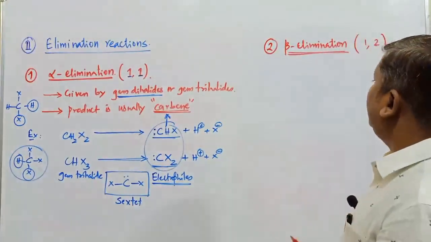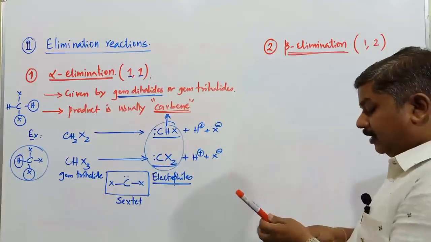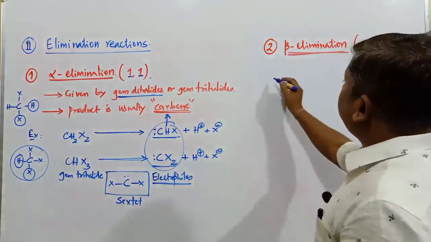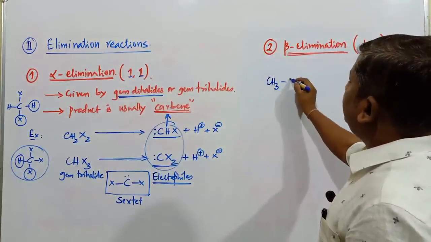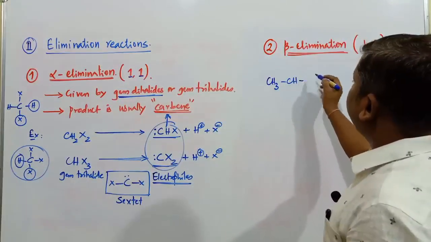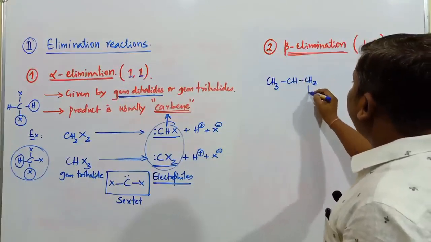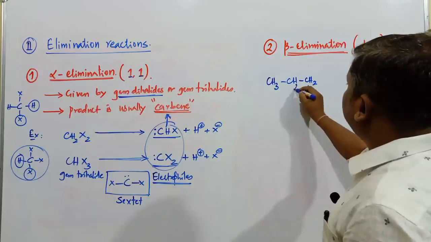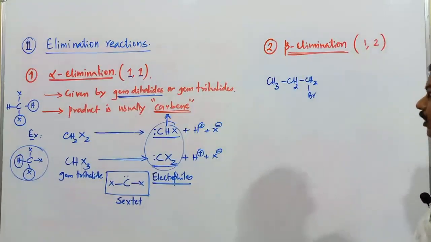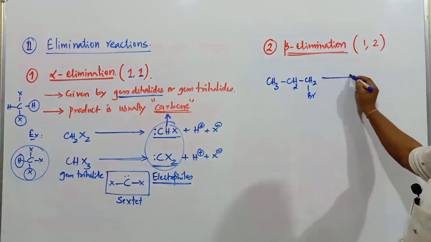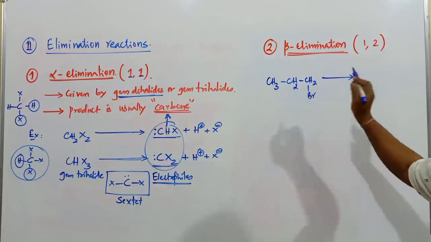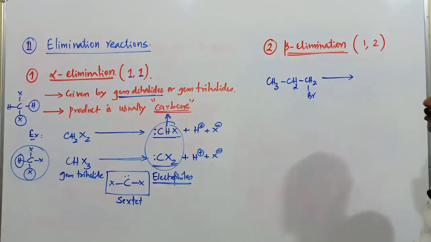The beta elimination reaction. If you observe this reaction, CH3, CH2, CH2Br, it is called 1-bromopropane.